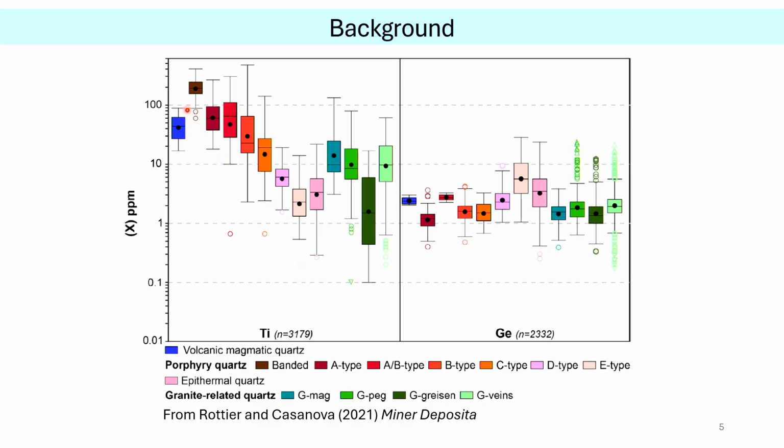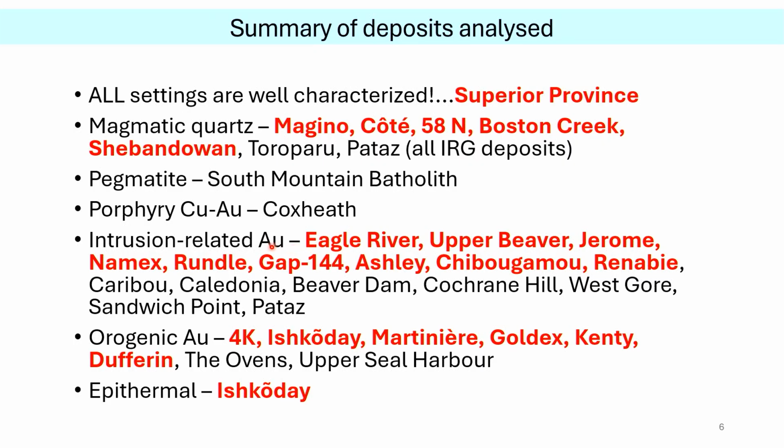What we see here is we go from higher titanium straight through to lower titanium, which, based on TitaniQ, you would say means decreasing temperatures. And then we have epithermal systems here. So we go from high to low titanium in these systems, which makes sense and shows that using titanium in quartz might be useful in differentiating, or has the potential to differentiate, intrusion-related from orogenic deposits.